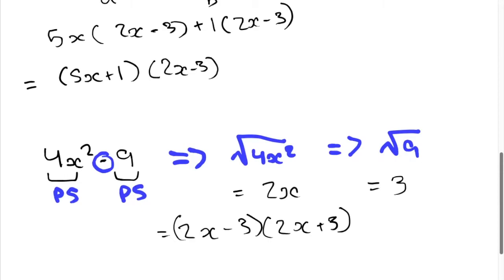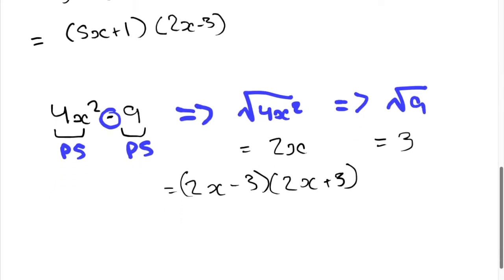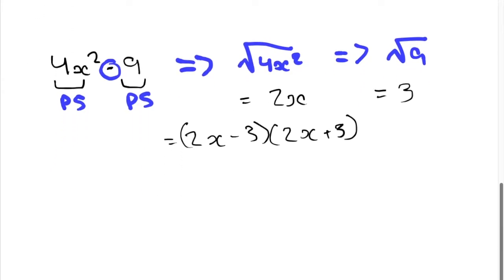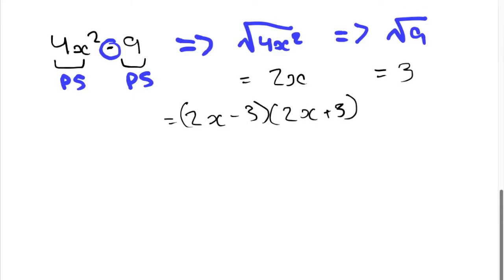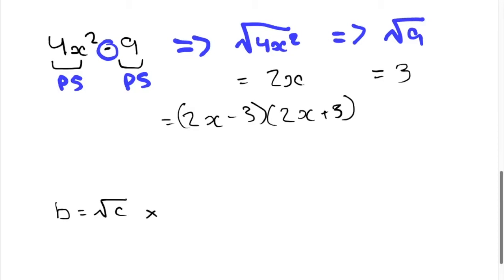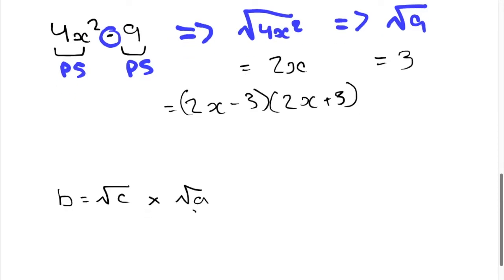Now let's move on to the last part of factoring, which is factoring perfect squares. Well, what are perfect squares? Perfect squares are equations that have to be in the form of b is equal to the square root of c times the square root of a, and all of that times 2.